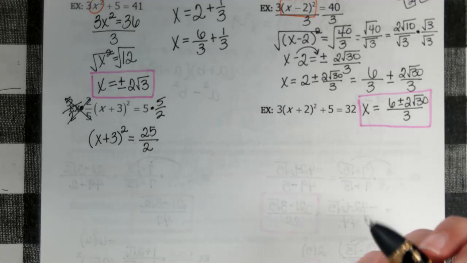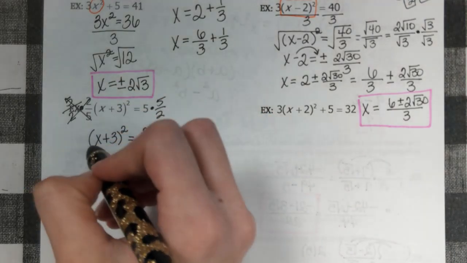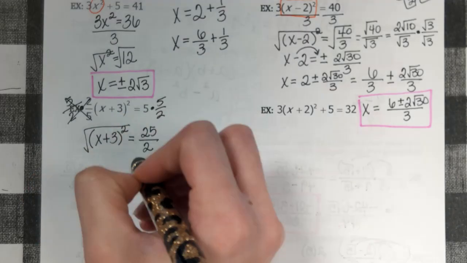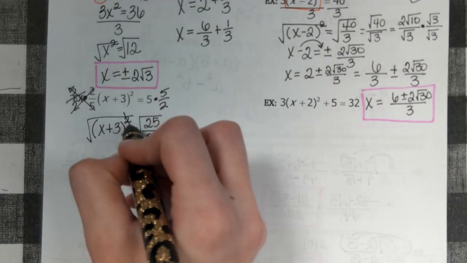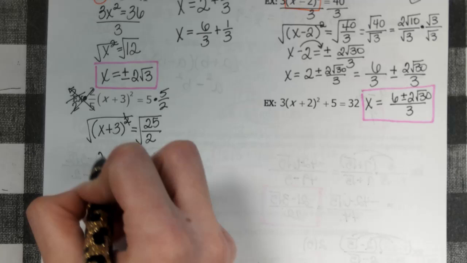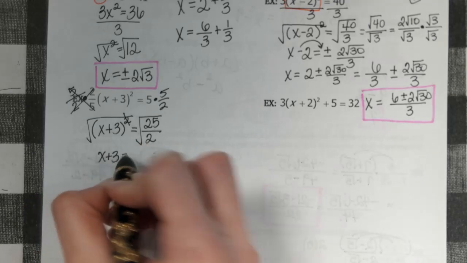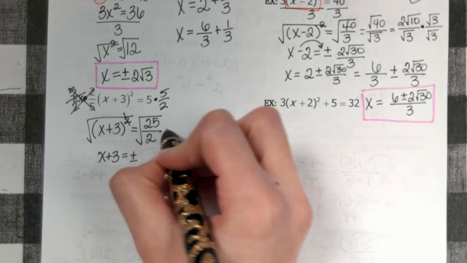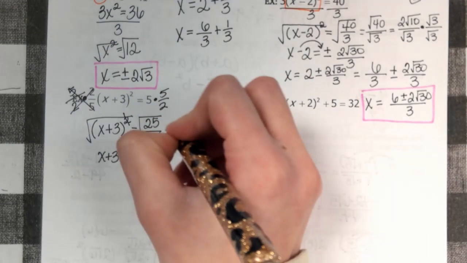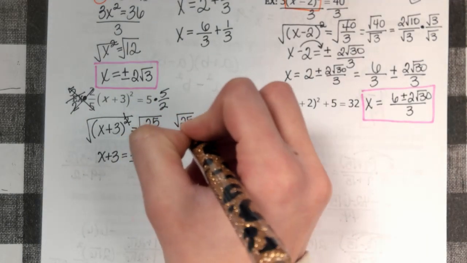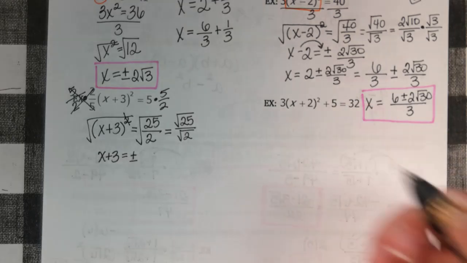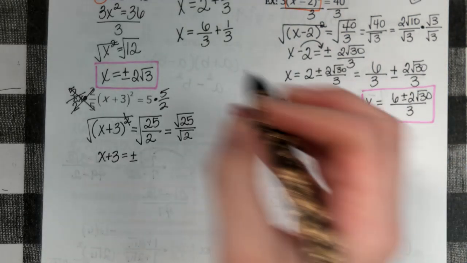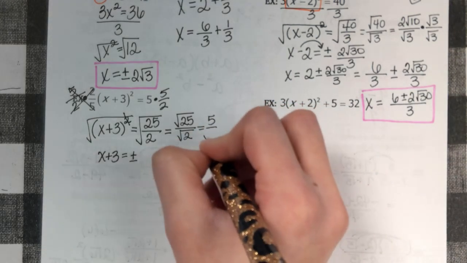Then what do we do? Square root it. That cancels the squared, leaving me with x plus 3. I took the square root of a fraction, so it's the square root of 25 over the square root of 2.